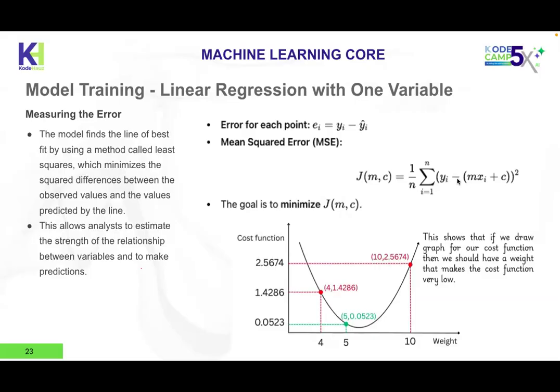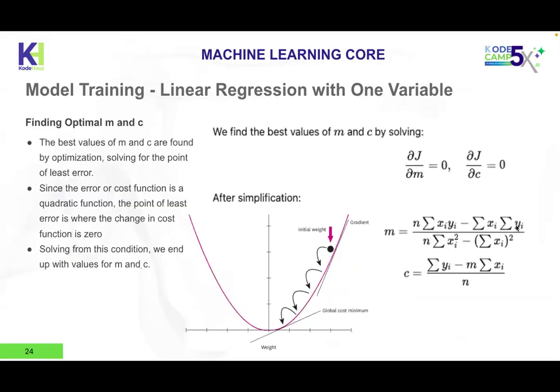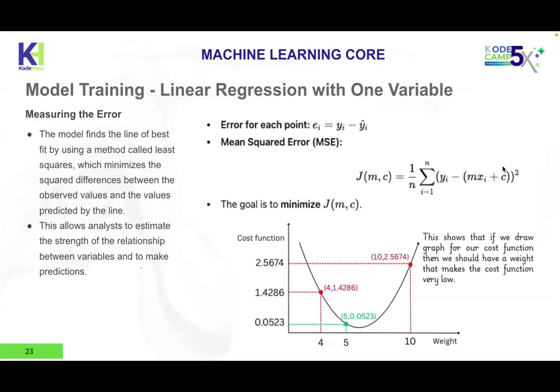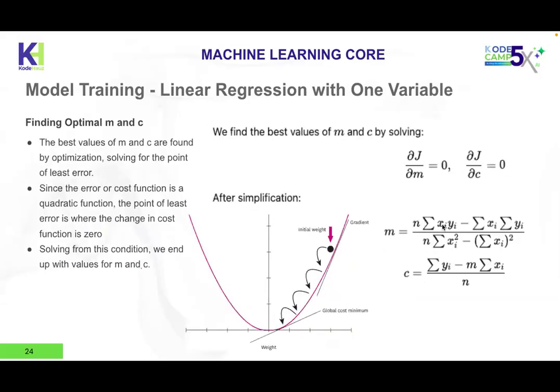So it's going to be 2xi yi minus 2xi into (yi minus mx plus c). That will give you an equation which, when you make m the subject of that formula, you're going to get m as n times summation of xi yi minus summation of xi times summation of yi, over n times the summation of xi squared minus summation of xi all squared.